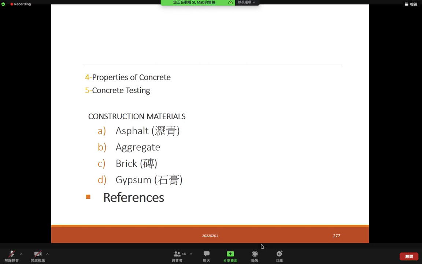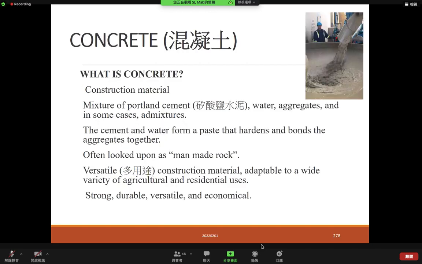Firstly, here are some examples of construction material. What is concrete? Actually, it is one of the typical construction materials. It is a mixture of Portland cement, water, and aggregate. In some cases, we may also add admixtures to modify the characteristics of the concrete.